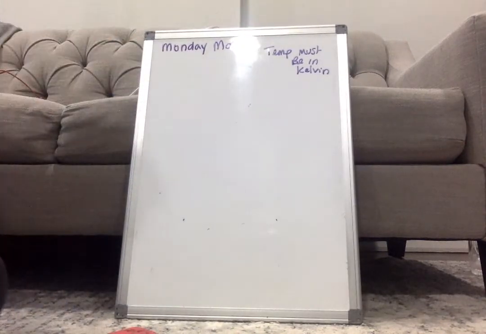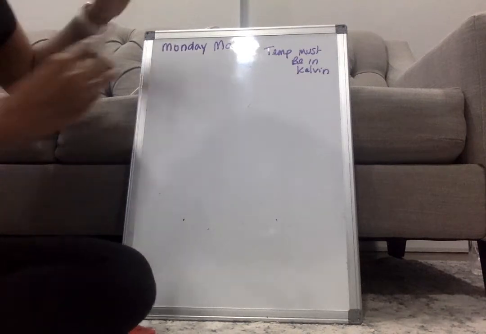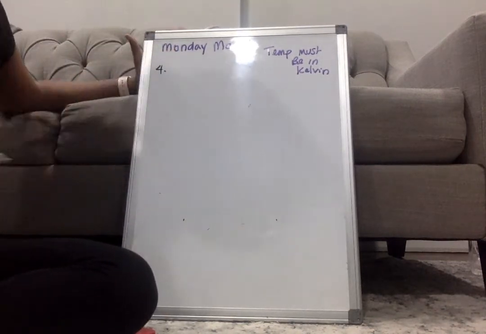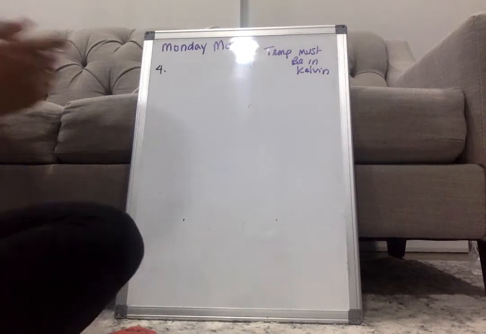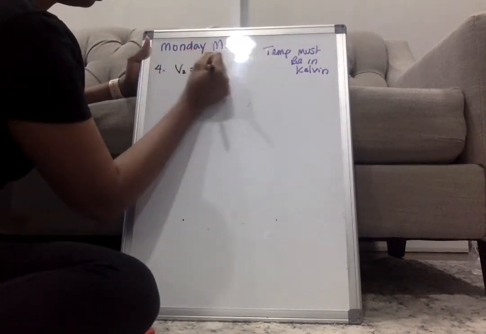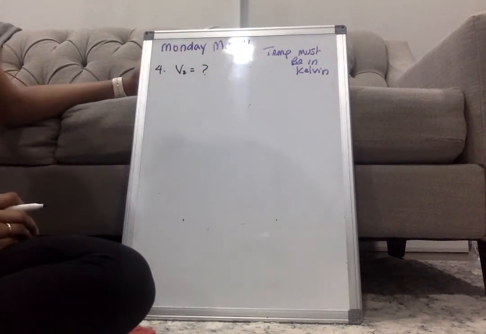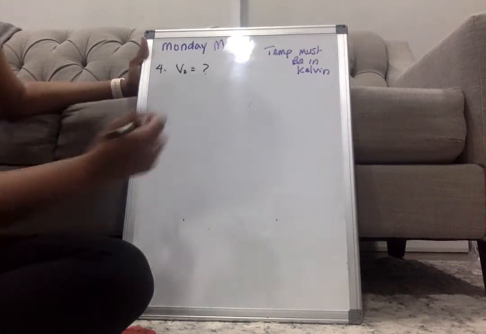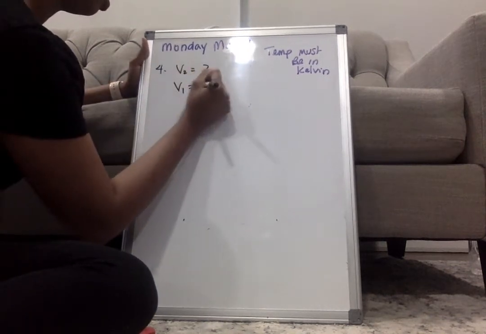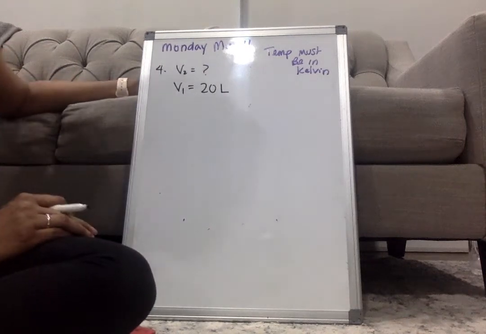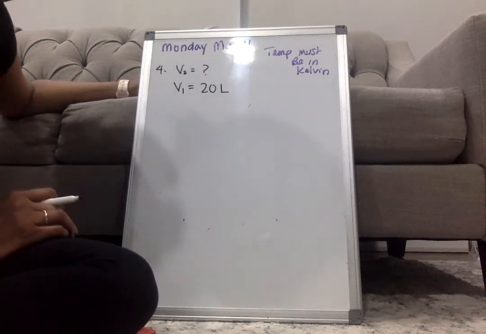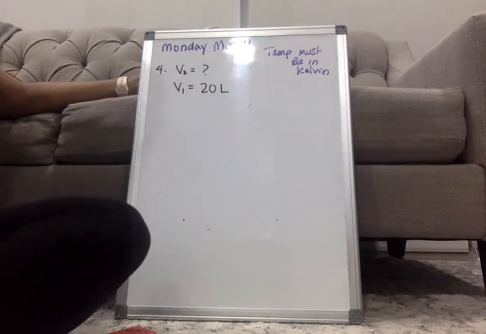Let me just use a black marker. Number 4. Determine the final volume. Okay, so that means we're looking for V2 of 20 liters of gas. So that means V1 is 20 liters, whose temperature changed from -73 Celsius to 327 degrees Celsius.